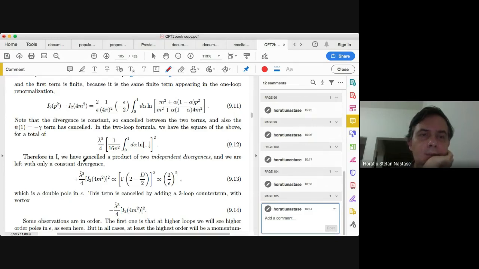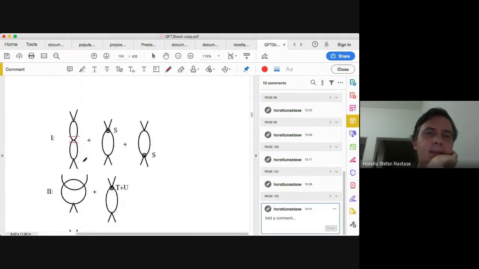So what does that mean? Let's remember our general theory. In this grouping, we have canceled this, which was an independent one loop subdiagram, and we have canceled it with part of the one loop counter term here and here.